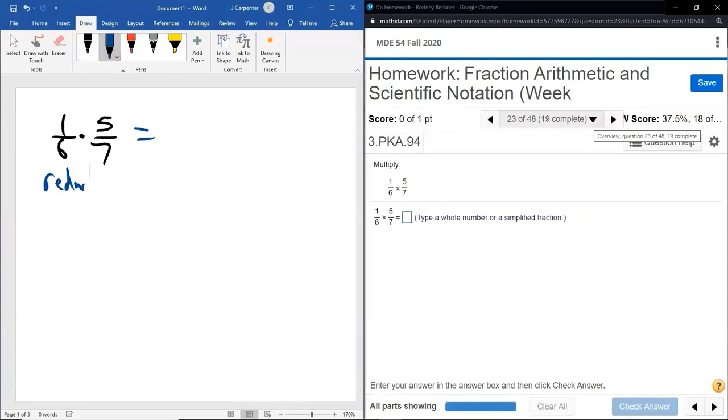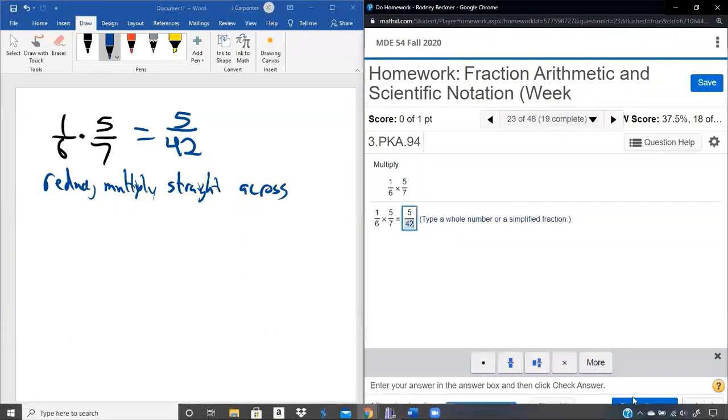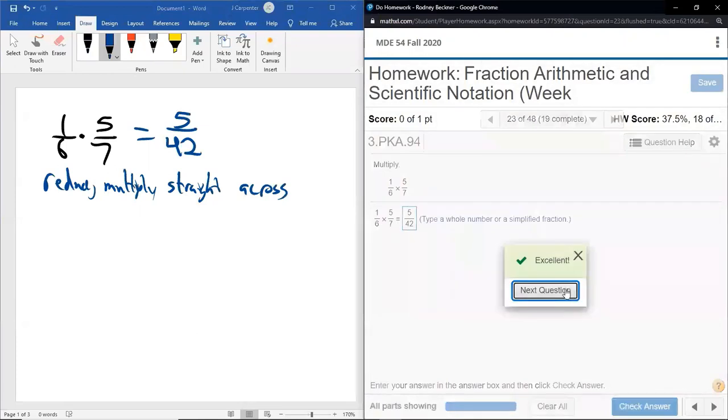You're just reducing and then multiplying straight across. The 1 times the 5 being 5, the 6 times the 7 is 42, and the answer should be 5/42. 5/42. Checking my work. We got it right. Easy as pie.